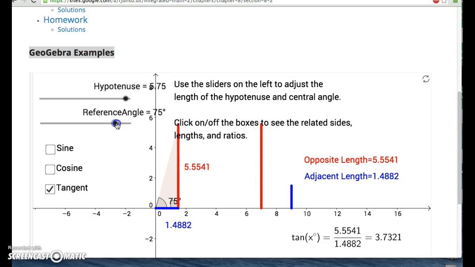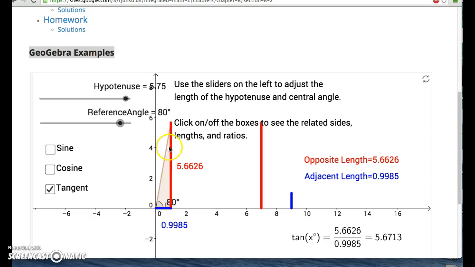Later on we'll explore a sine wave. Right here, look at that. At 80 degrees, the opposite is very big compared to a very small adjacent, which makes 5.6, which means it's 567%. So the red one is 500% of this one. You've got to get this times 5.